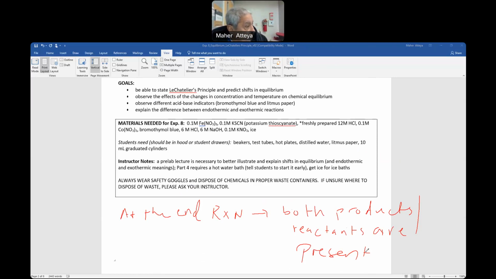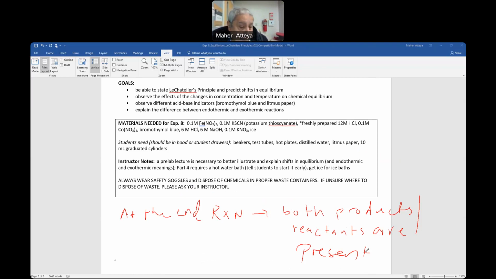But if you don't have a chemical equilibrium, then you have only products. Are you following me here? That's a complete reaction. So a chemical equilibrium is not a complete chemical reaction.